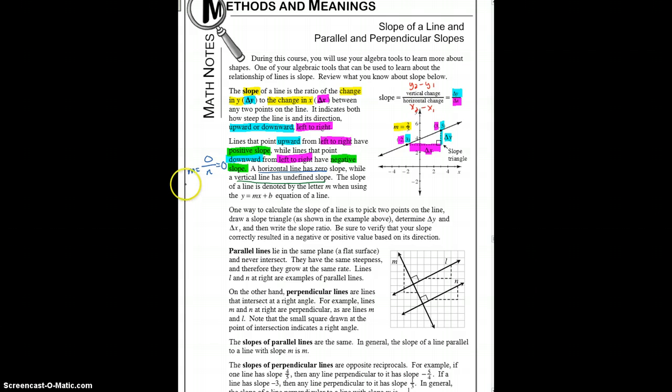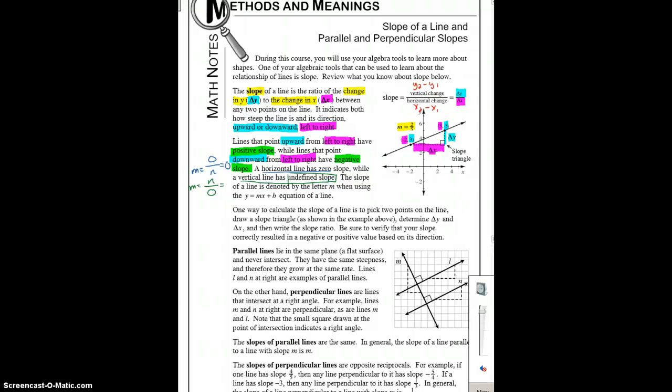Now our vertical line has undefined slope because when I'm solving that fraction, my vertical change ends up being a number, but my horizontal change never happens. And we know that in math you cannot divide by 0. So that is why we say the slope is undefined, because the definition of division doesn't work when we throw 0 into the mix.